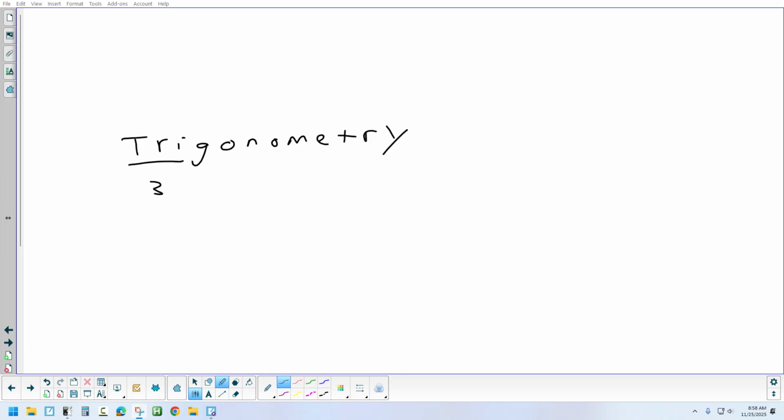Another name for a triangle is also a trigon, which we actually see that part right here, gon. And anybody know what gon means when we see that as part of something? Have a guess? Sides, yeah.